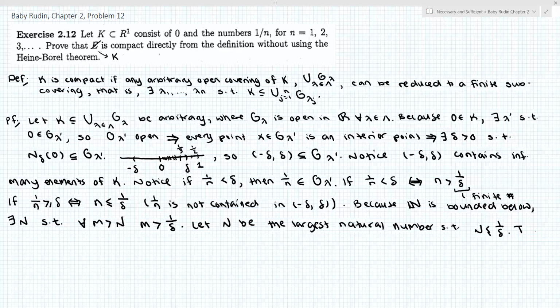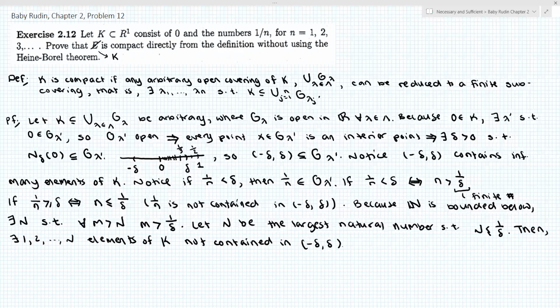So then there exist 1, 2, all the way up to N elements of K not contained in negative delta to delta. So notice that there are finitely many elements of our set K that can't be covered in this open interval. So we know that this union over lambda in Lambda of O lambda, well, this in theory covers everything in K.